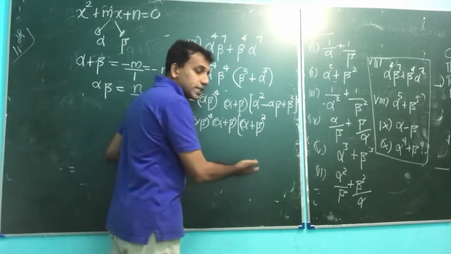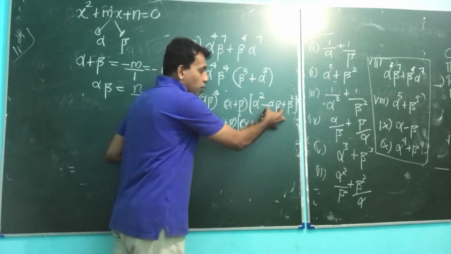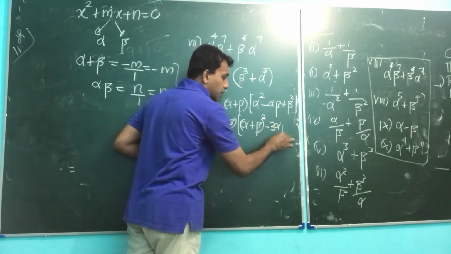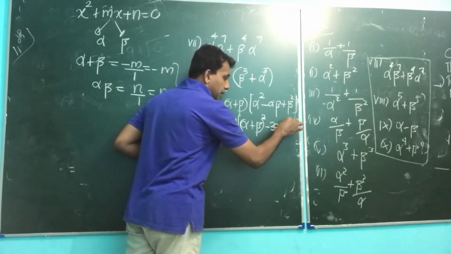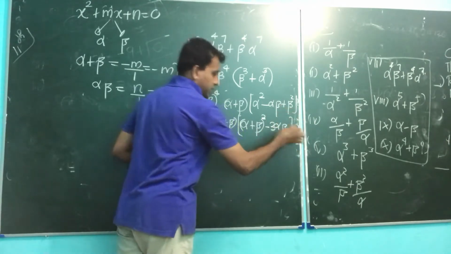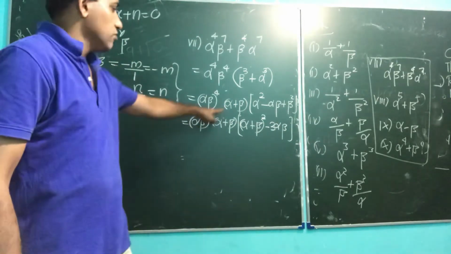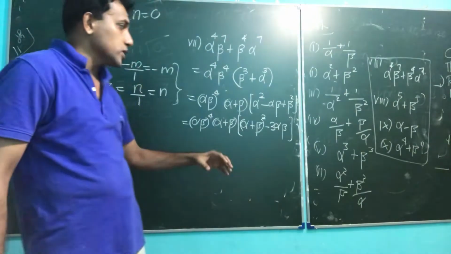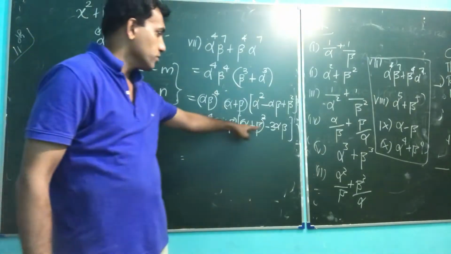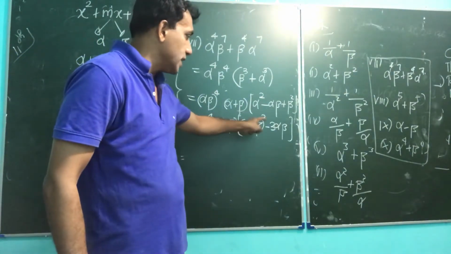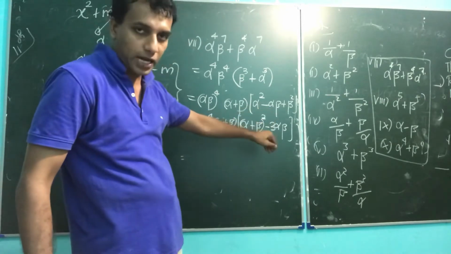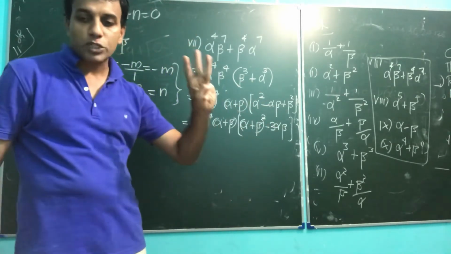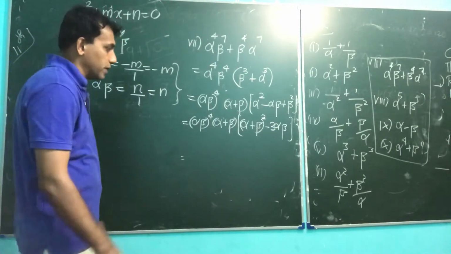Already one is subtracted, therefore 3 alpha beta is subtracted. So alpha plus beta, all things square, minus 3 alpha beta, right?